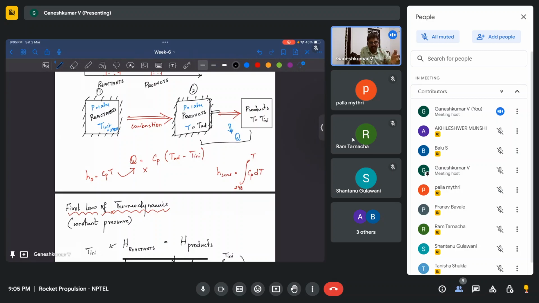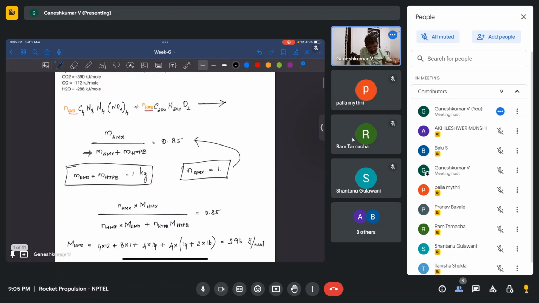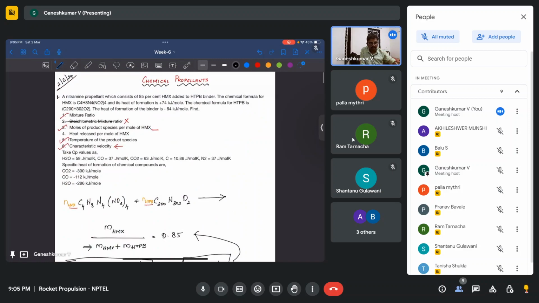Like Shantanu said, you can do that and you will end up getting the Q. So that is also a way to find the heat release. I hope this gives you good clarity about the concept and also helps to solve the assignment problems.